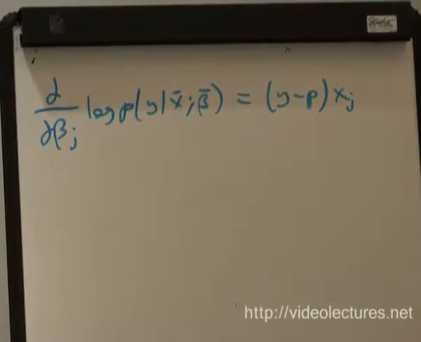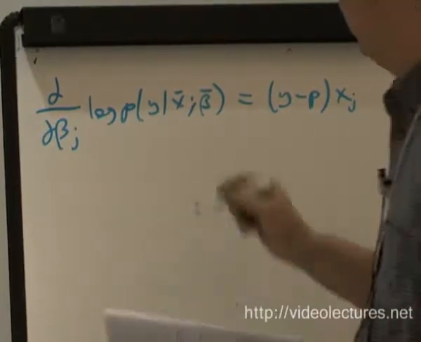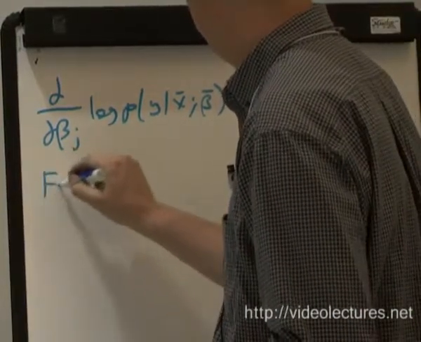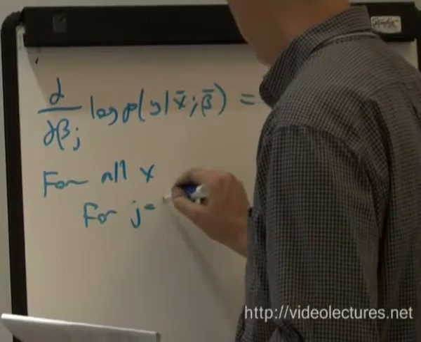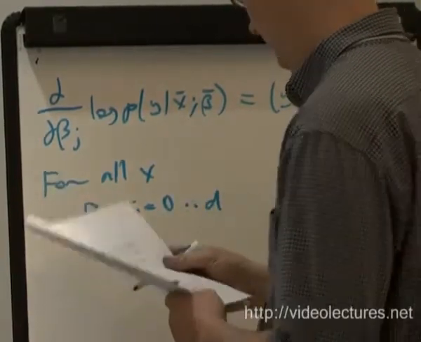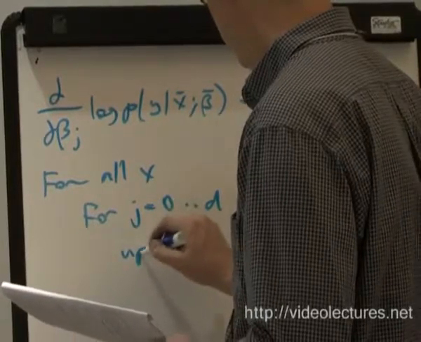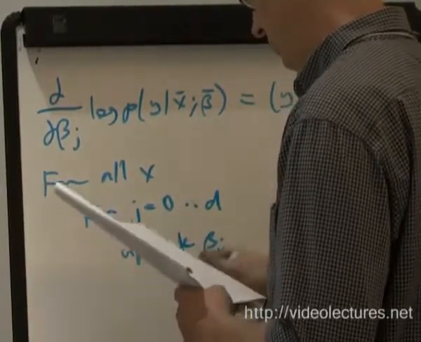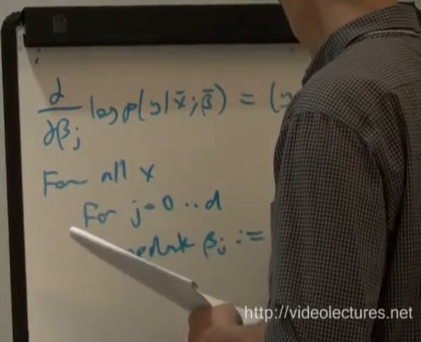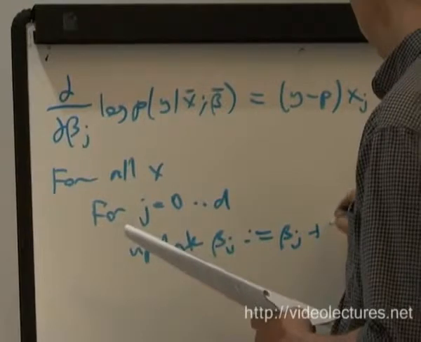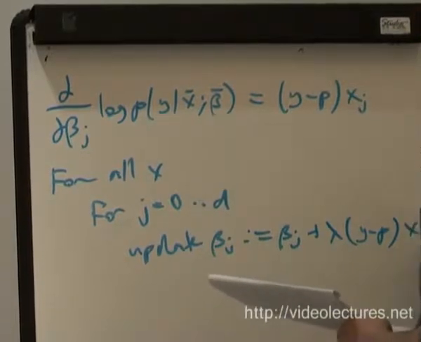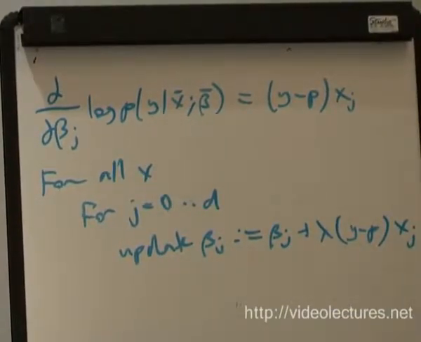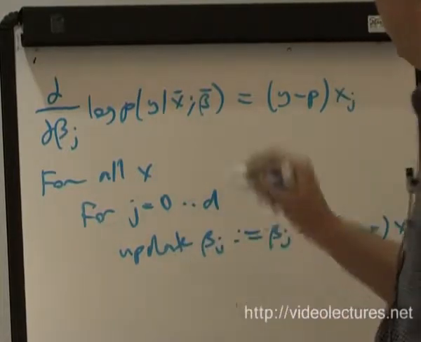So the update is, for all x, and then for j equals 0 to d, update beta j: beta j gets beta j plus lambda times y minus p times xj.